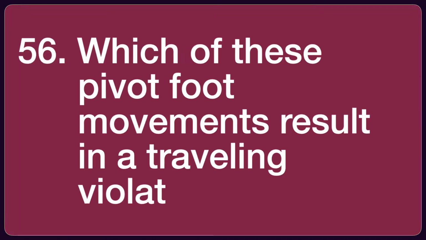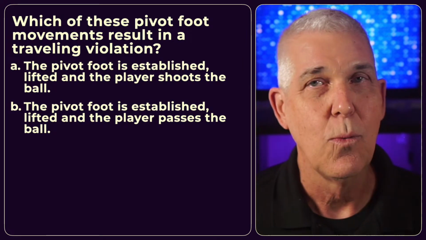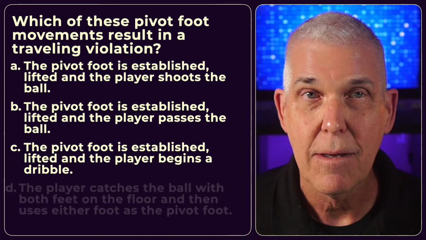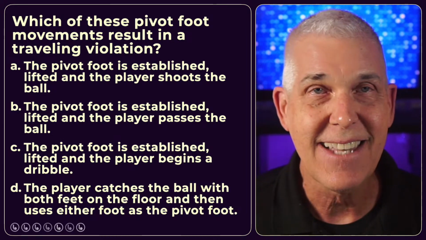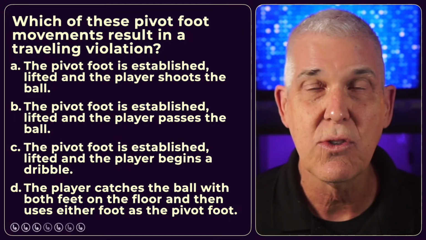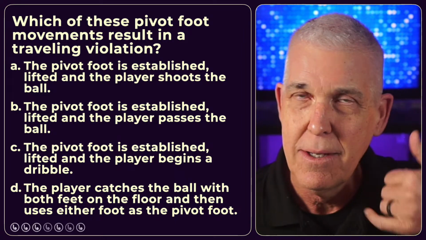Which of these pivot foot movements results in a traveling violation? So one of them will be. The pivot foot is established, lifted, and the player shoots the ball. Step through Joe.